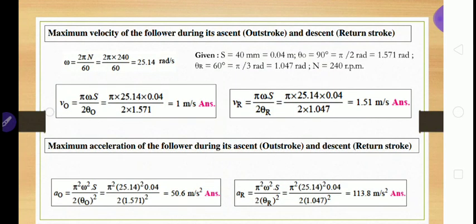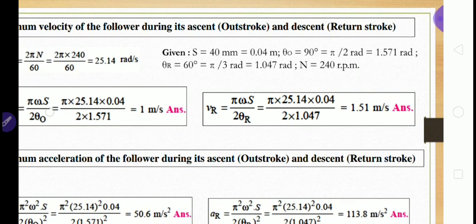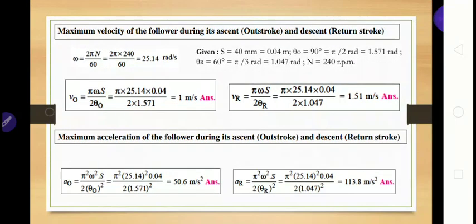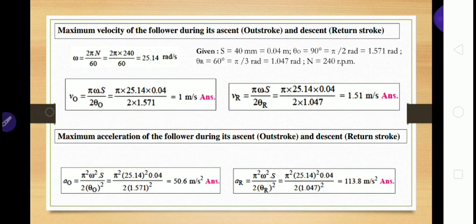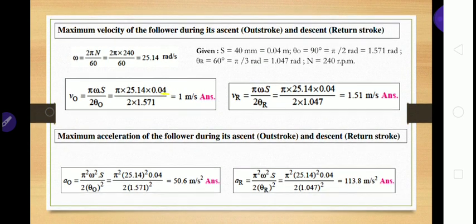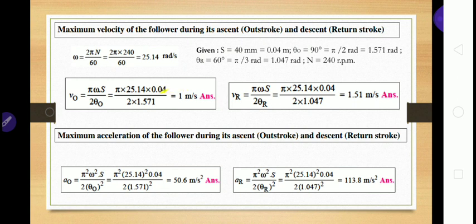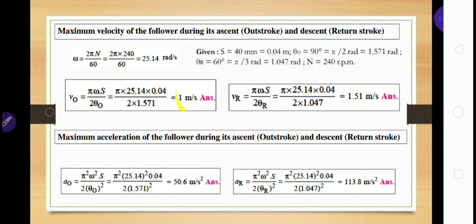That 90 degree you have to convert into radian, and that you have to place in the formula. So in radian it will become 1.571. For that purpose only we have converted these angles from degree into radian. This radian angle we have to place here. And stroke we have to place here in meters. Therefore you have got the answer for the velocity, maximum velocity at the outstroke is 1 meter per second.